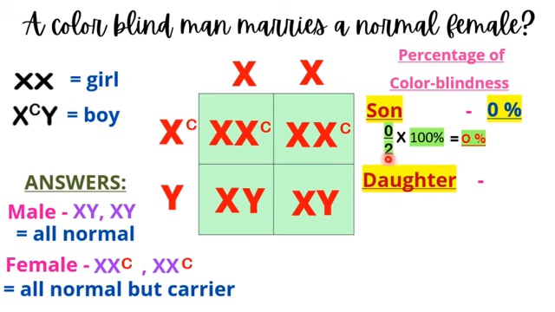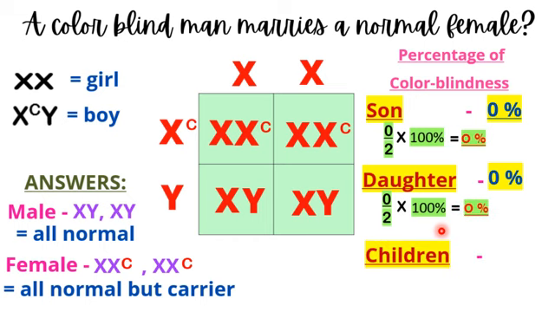How about the daughter? The daughter pertains to the female, and the female has X and X chromosomes. In the Punnett square, we only have two daughters here, and the percentage is 0%. Why? Because according to our answers, all females are normal, so there is no one who is colorblind. So 0 divided by the total number of daughters, which is 2, times 100 is equal to 0%.